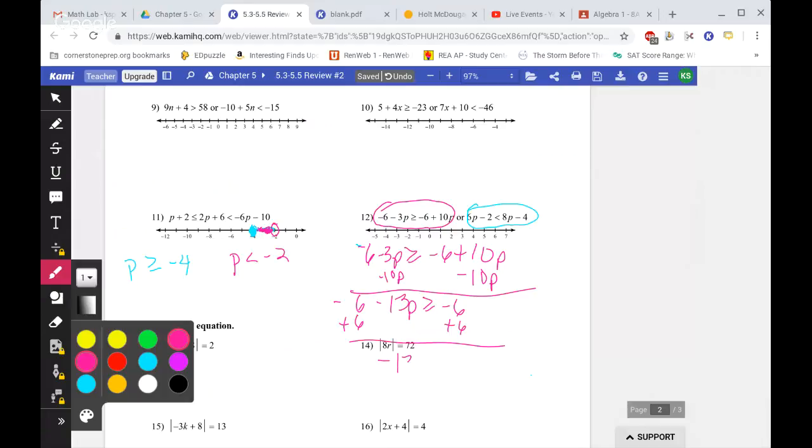And I get negative 13p is greater than or equal to 0. Divide both sides by negative 13. And then p is, because I divided by a negative, I do have to flip my sign. So it's going to be less than or equal to 0. Okay?